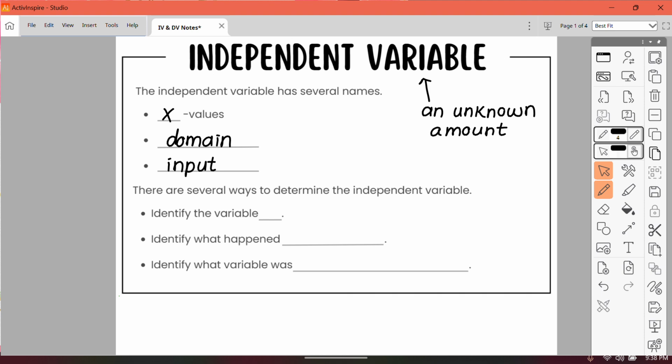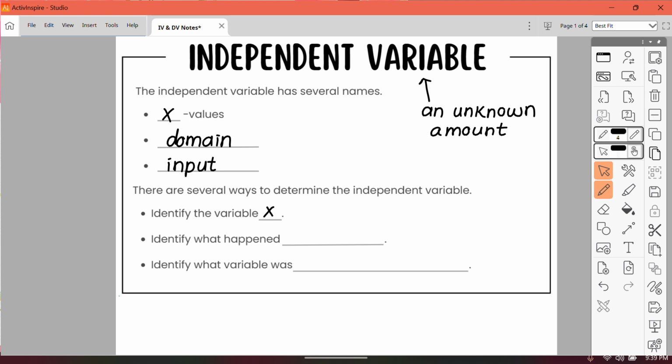In math, there are a few tried and true ways to determine the independent variable. So if you are looking at an equation that has an x and a y in it, the x is the independent variable. All right?